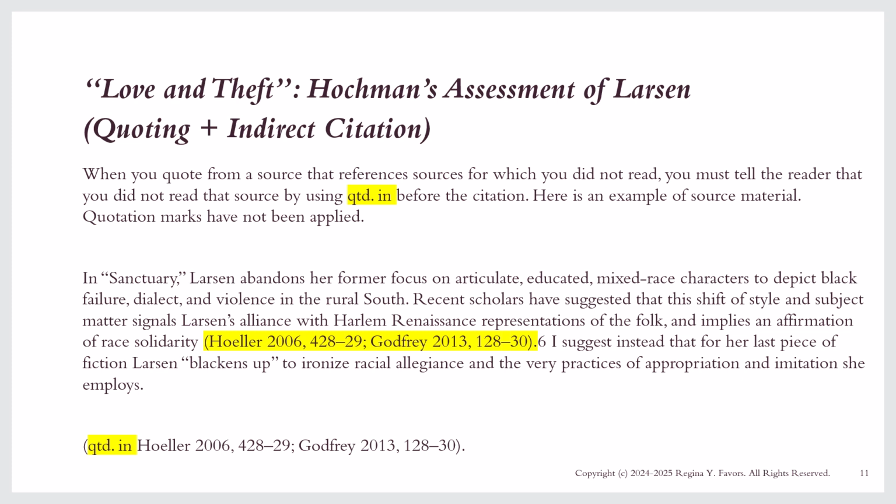Hockman's assessment of Larsen is very critical in a sense that, why does she depart from the articulate, educated, mixed race characters that Larsen created for Quicksand and Passing to now depicting Black failure and dialect and violence in the rural South?